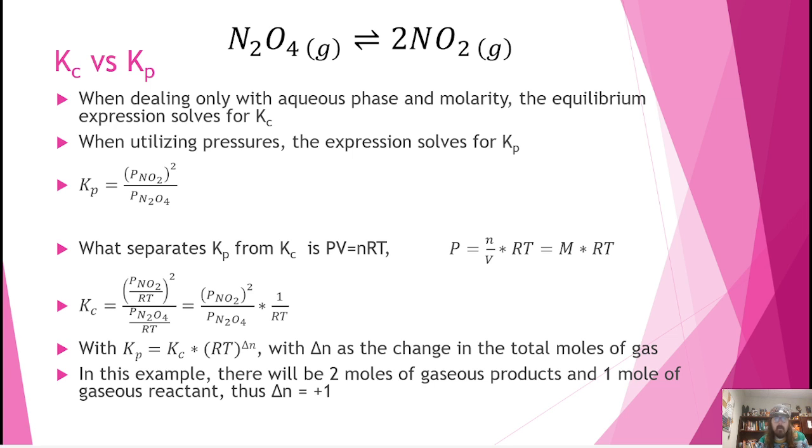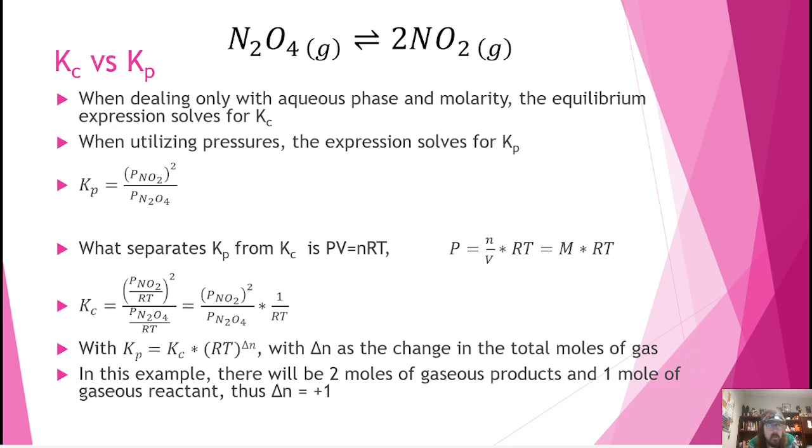But in order to convert molarity into pressure, we have our PV equals nRT. Well, molarity is n over V. So to convert a molarity into a pressure, you're going to multiply the molarity by RT. Now, R is a constant, and T should hypothetically be constant for a given situation, because the temperatures are going to be the same from product and reactant side.